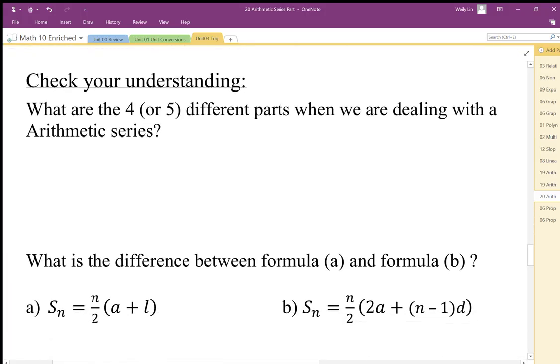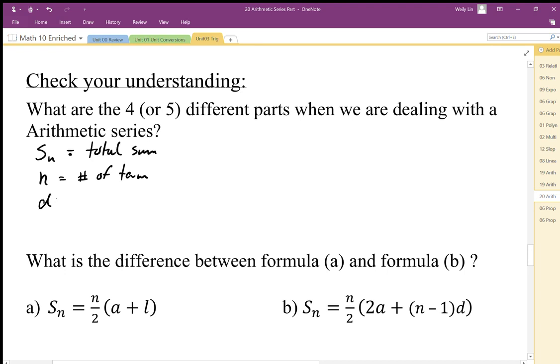So, what do we need to know when we're dealing with arithmetic series? Well, we have our Sn term, so we need to know what Sn is. We have our n, the number of terms. This would be the total sum.